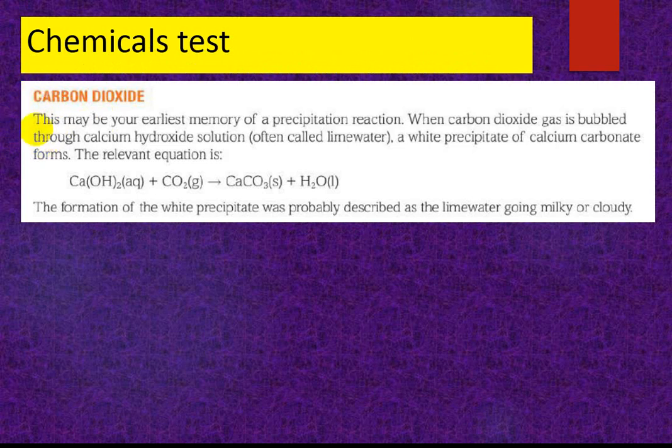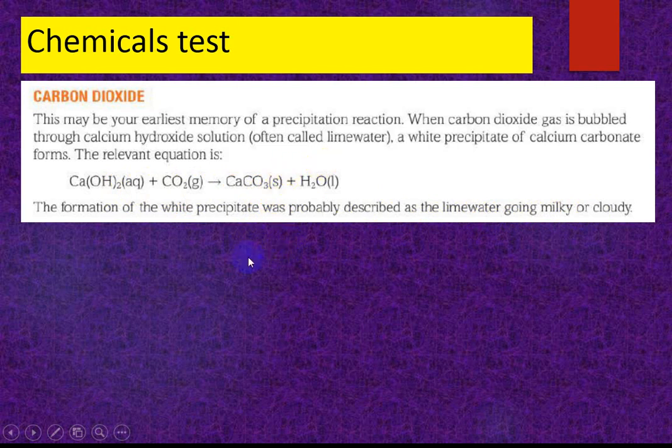Here an insoluble solid salt is formed as a precipitate. When we take lime water and carbon dioxide is present, the lime water turns cloudy. If the lime water turns milky or cloudy, we understand carbon dioxide is present, because insoluble solid calcium carbonate is formed. This is the test for carbon dioxide.